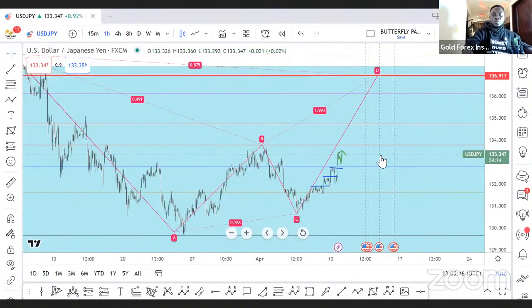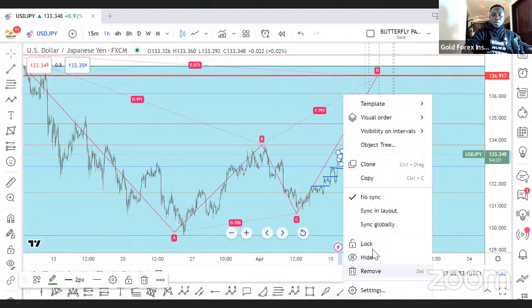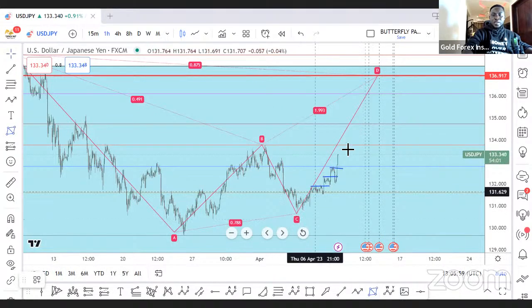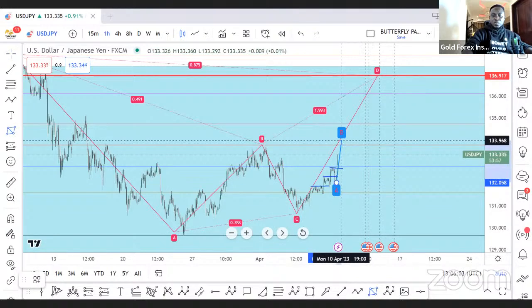Okay. So these are internal structures. Maybe it can go up. This can be one wave. So it can just go up like this. Then these are all internal structures.